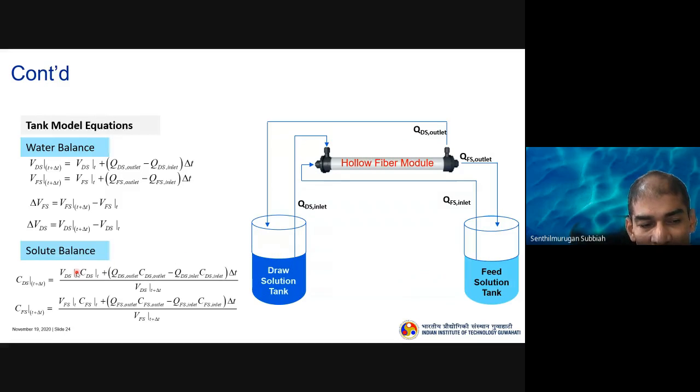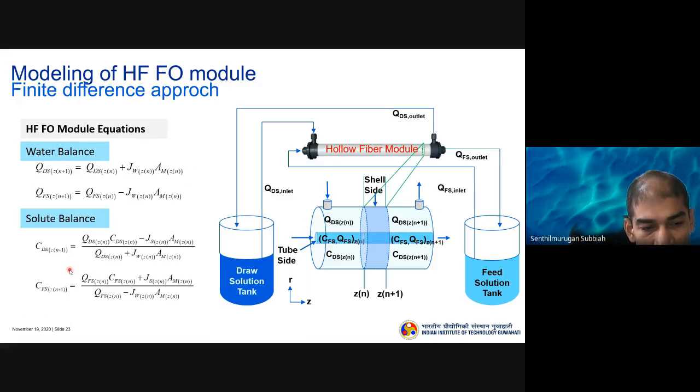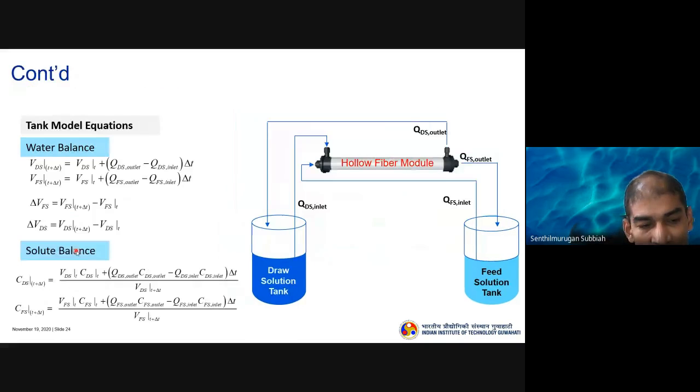And then similarly, we apply a solute mass balance. We substitute the other equation. So we will get the solute mass balance from this equation, again CFS at n and then CFS at t plus delta t for this particular concentration. We just need to make a salt balance.